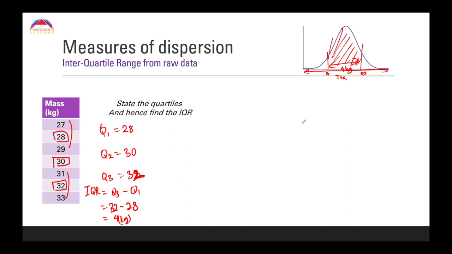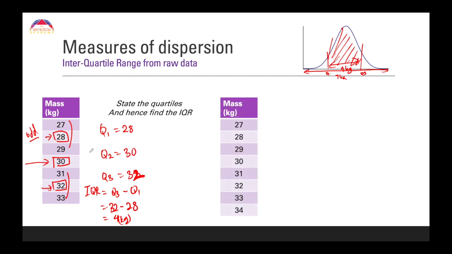Now I have another question. Remember, this data set here was an odd number. And with the odd number, it was easy to find the guy in the middle, and easy to find these guys in the middle of each half.